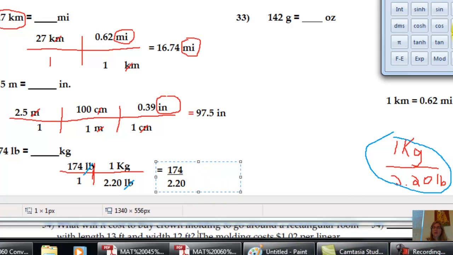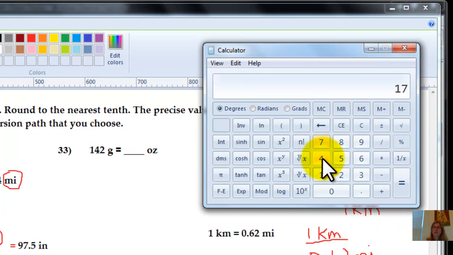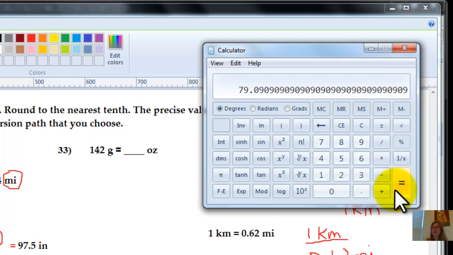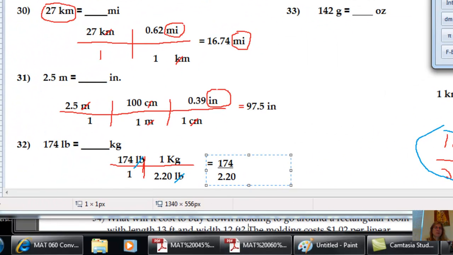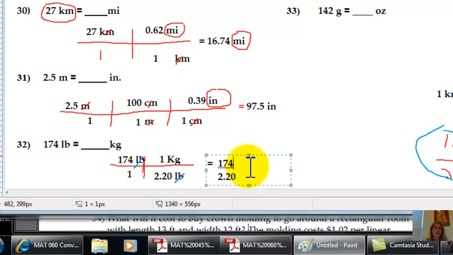Now we can take this and continue to reduce it down, or in this case use the calculator. We're going to do 174 divided by 2.2. And that's going to equal a big repeating decimal, 79.09 repeating. So what we'll do for an answer is, oftentimes it'll ask you on the test to round. So if it asks us to round to the nearest tenths place, 0.09 will then round to 79.1.